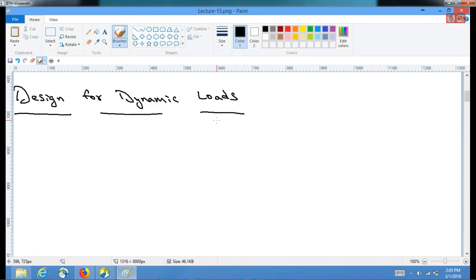That's the reason, even though there is a factor of safety involved, we take a higher factor of safety in case of dynamic loading, because the structures are more vulnerable under these inhomogeneities. So the main topic that we will discuss in today's class is mostly stress concentration.